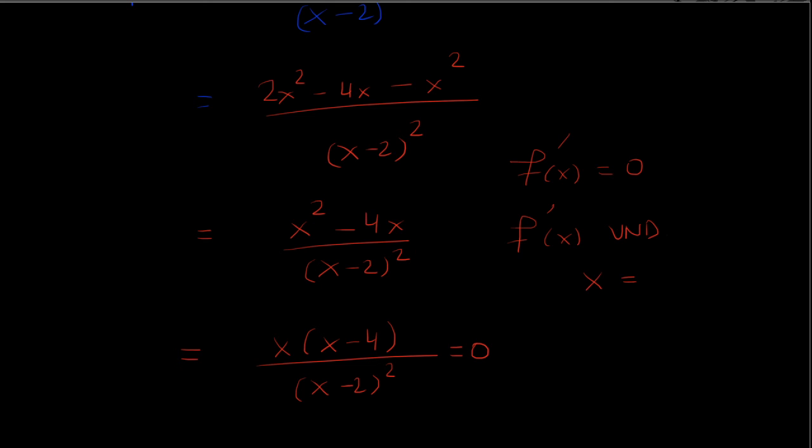So f prime is undefined when x equals 2. Now we can multiply both sides by x minus 2 squared, and that's going to give us x times x minus 4 equals 0. Setting both factors equal to 0, we see that x is 0 and 4.